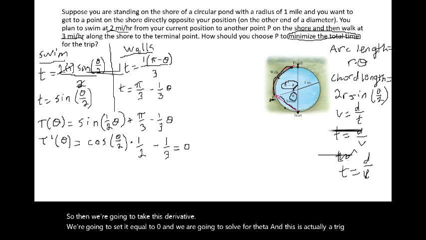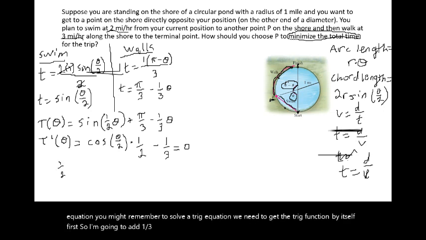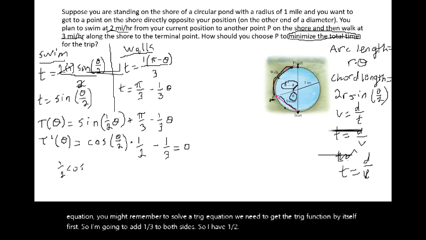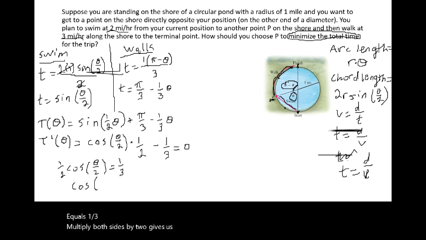And this is actually a trig equation. You might remember, to solve a trig equation, we need to get the trig function by itself first. So I'm going to add 1/3 to both sides, so I have 1/2 cosine of theta over 2 equals 1/3. Multiply both sides by 2 gives us the cosine of theta over 2 equals 2/3.